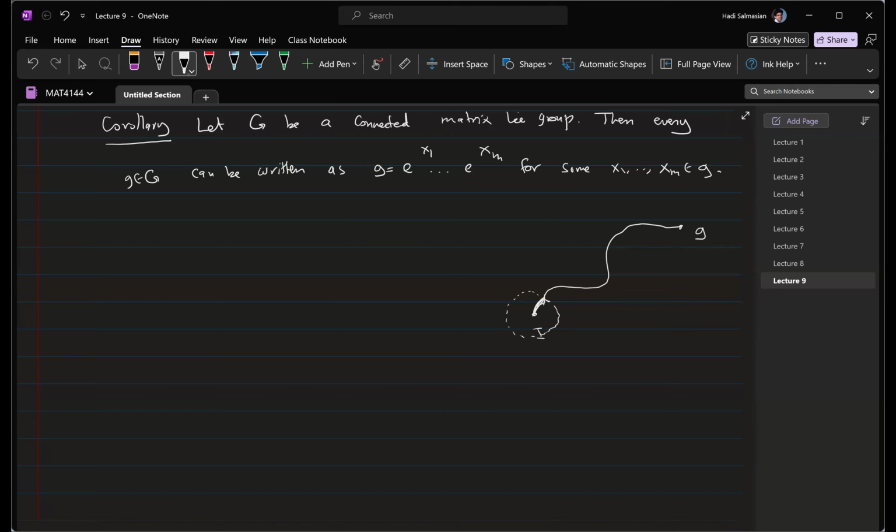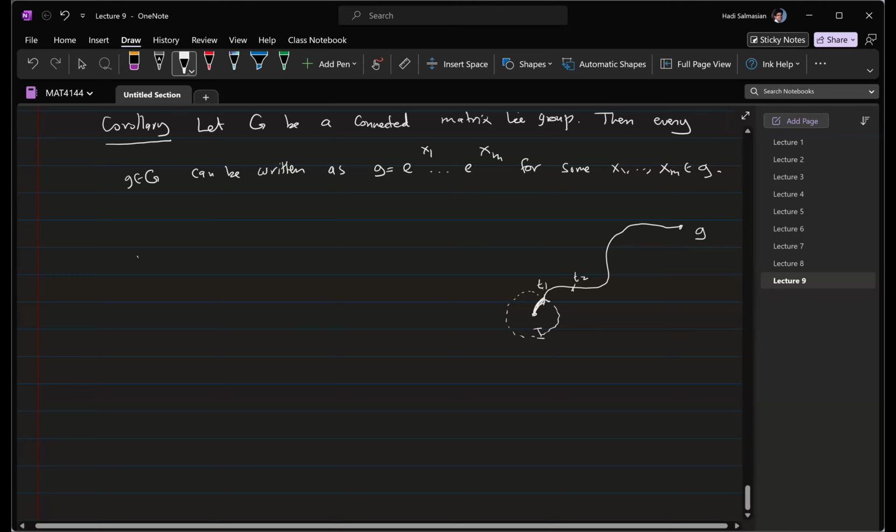If you want to continue this path, suppose this is a point t1 and you have another point t2. How do you write gamma of t2 as a product of exponentials?